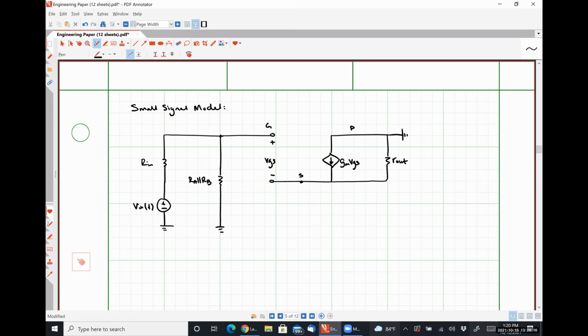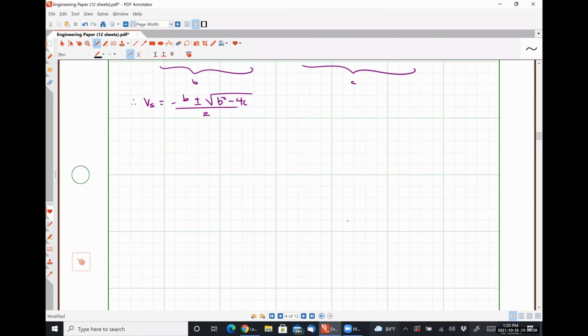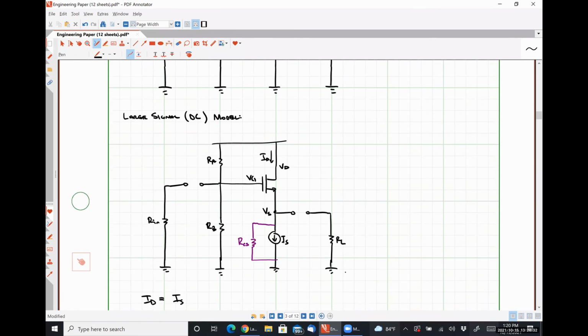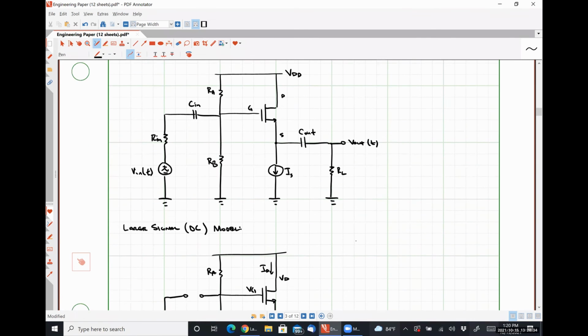So we were making the assumption here that we're operating at a frequency such that all of our capacitors look like short circuits, right? So if we scroll up here real quick, this capacitor looks like a short circuit. We should have a resistance RL connected between the source and ground.